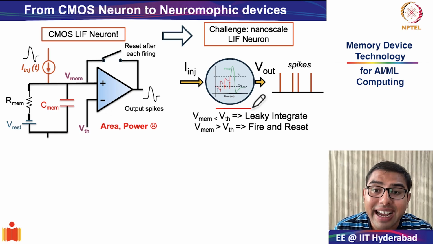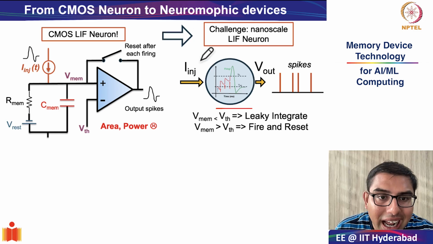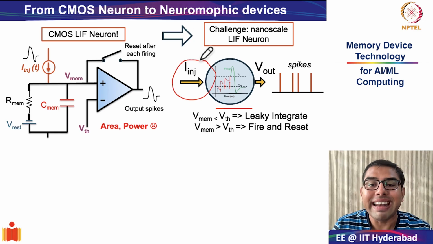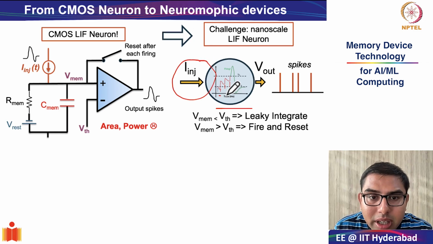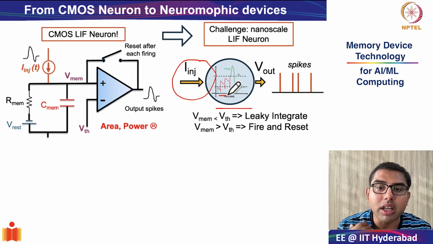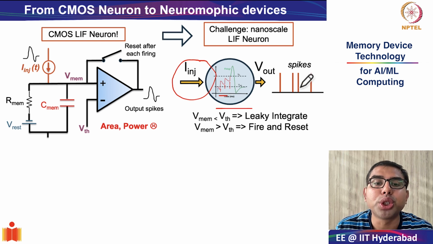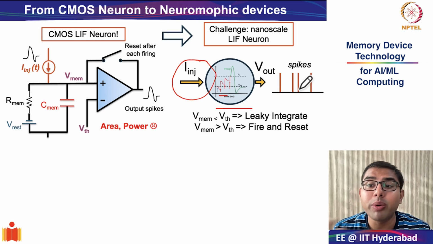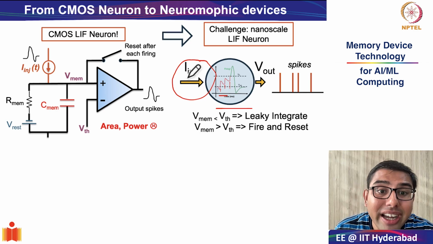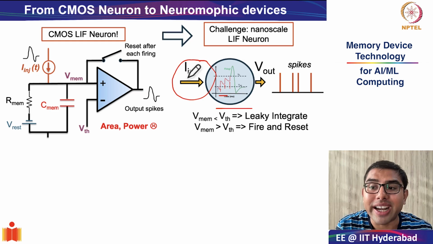It should integrate the input current, which is your I injected, and leak naturally over time as indicated over here. And when a threshold voltage is reached, it should start producing output spikes. But more importantly, the firing frequency should be directly dependent on the input current, just like in biological neurons.